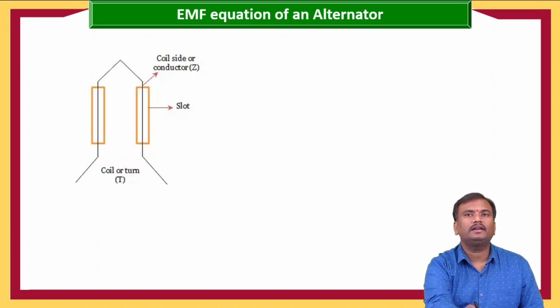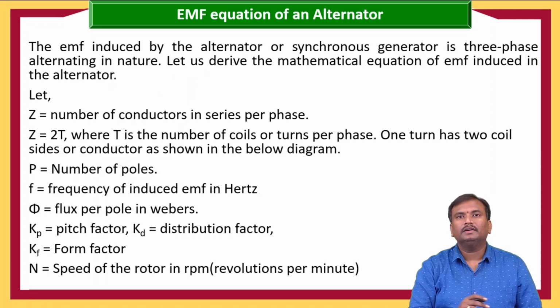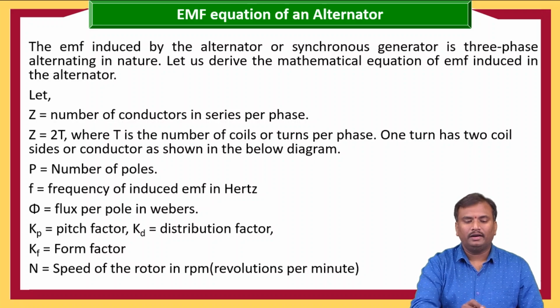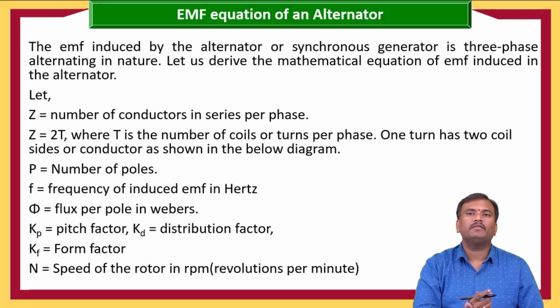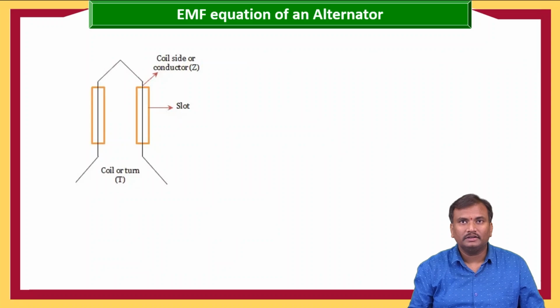This is one conductor and this is another conductor. And P is the number of poles, F is frequency in hertz, phi is the flux per pole, Kp is the pitch factor, and Kd is the distribution factor, and Kf is the form factor, where N is the speed of the rotor in RPM, that is revolutions per minute.